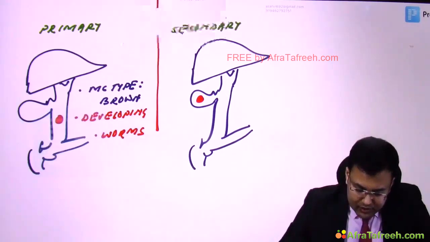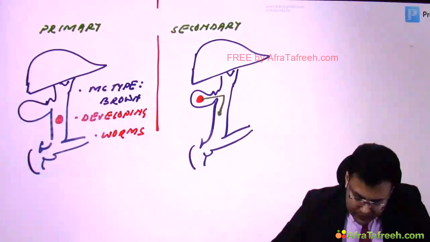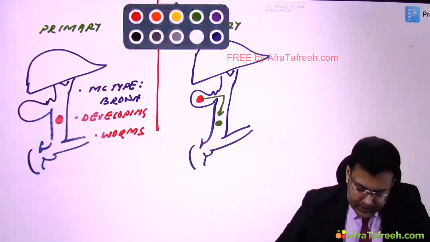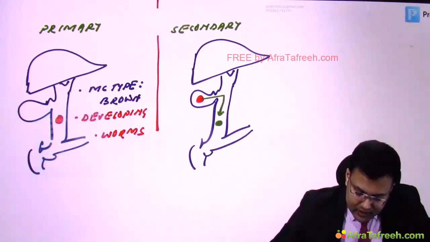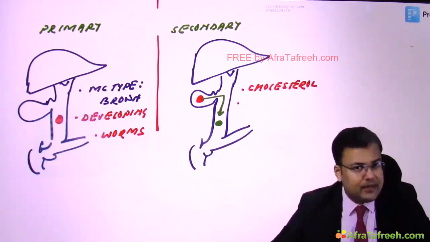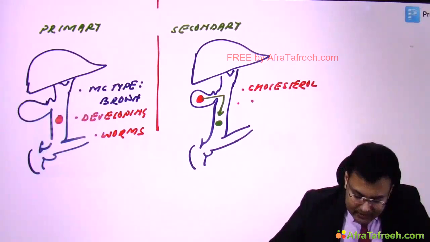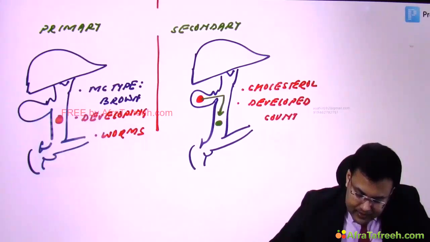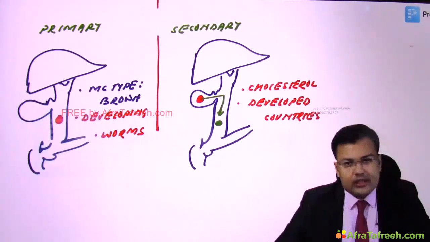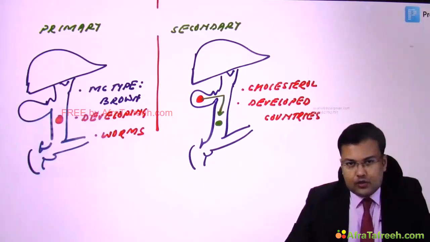So here also, what's the most common type of stone? So this is cholesterol, right? And this is more common in developing countries or developed countries. So this is more common in developed countries. Clear? So these are the types of CBD stone.